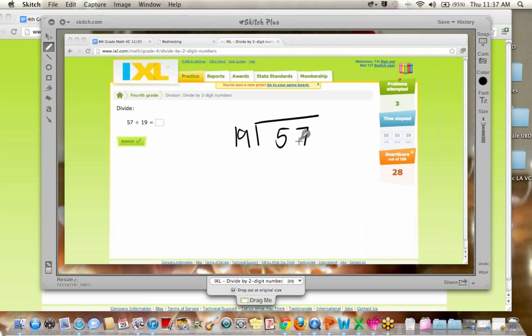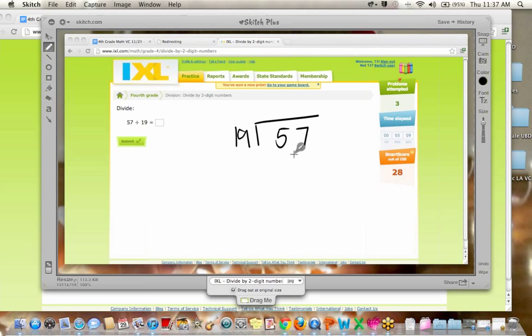All right. So here's one way of thinking about this. Maybe I have just no clue how many times 19 is going to go into 57 and I don't even know what to try up here on top of the house. Why don't you do a little bit of estimating? Pretend this is a 20 because it almost is.